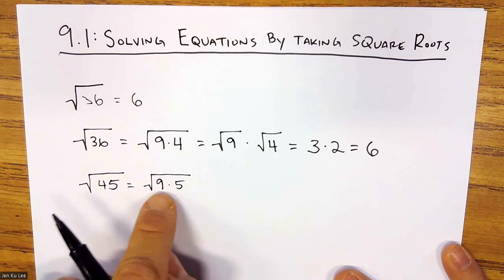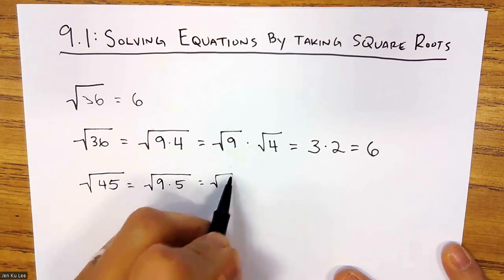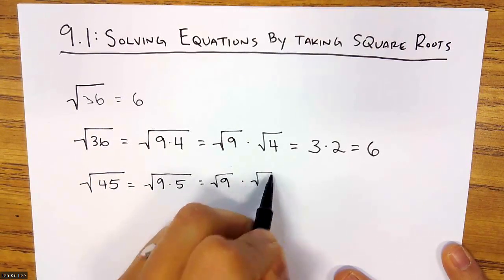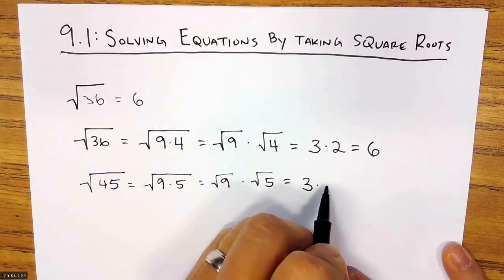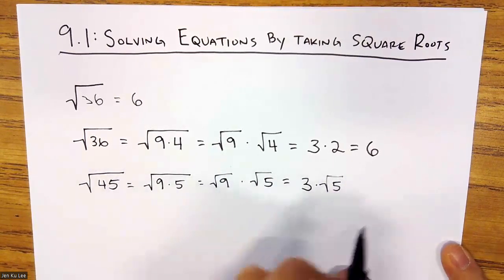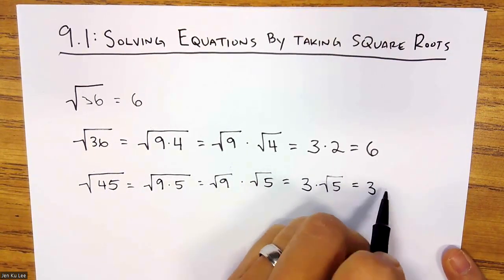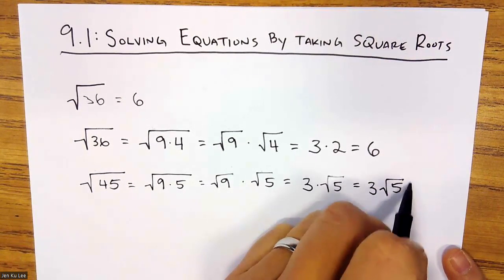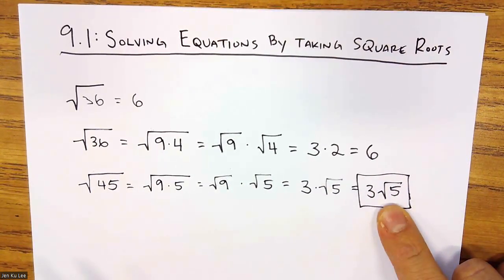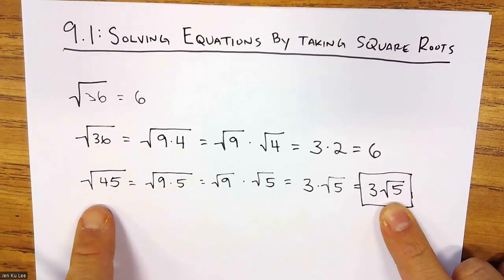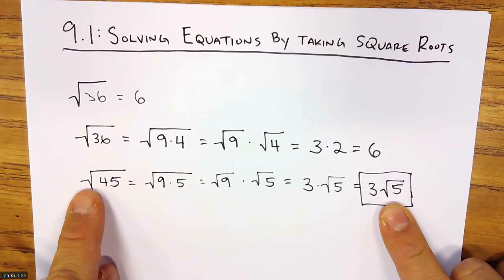And we can say that the square root of 9 times square root of 5. So the square root of 9 is 3 times square root of 5. We don't really need the times anymore. So 3 square root of 5.